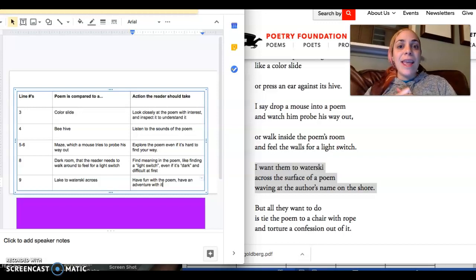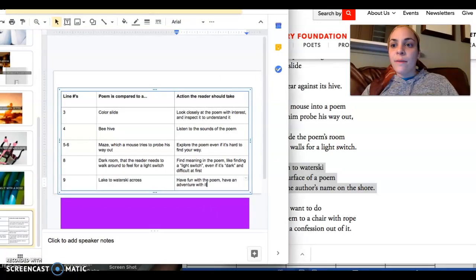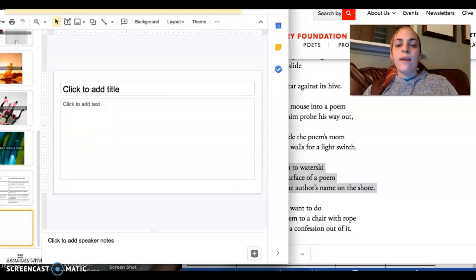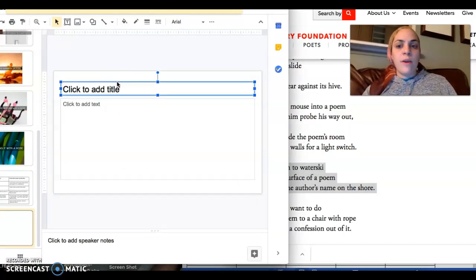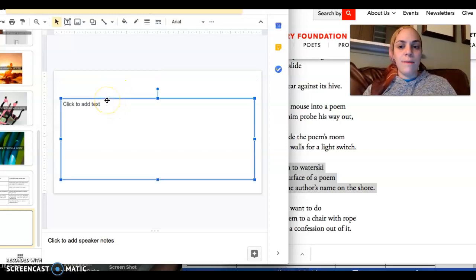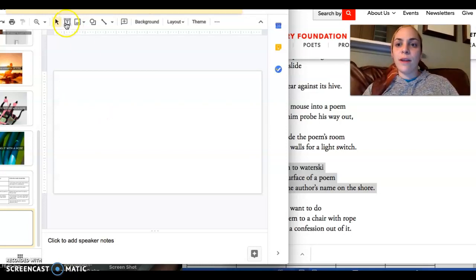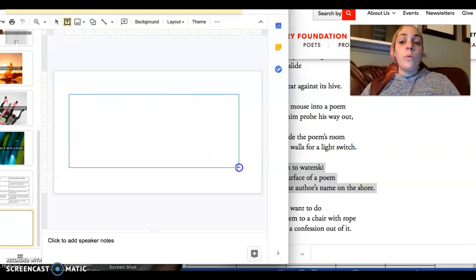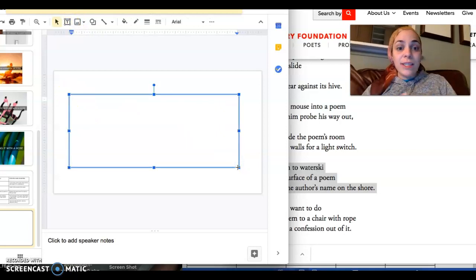And as a final question for everyone to answer, I'll write it here. I want you to answer the question. Sorry, just put it right here. Which of these images do you relate to most when you think of poetry and how to enjoy a poem?